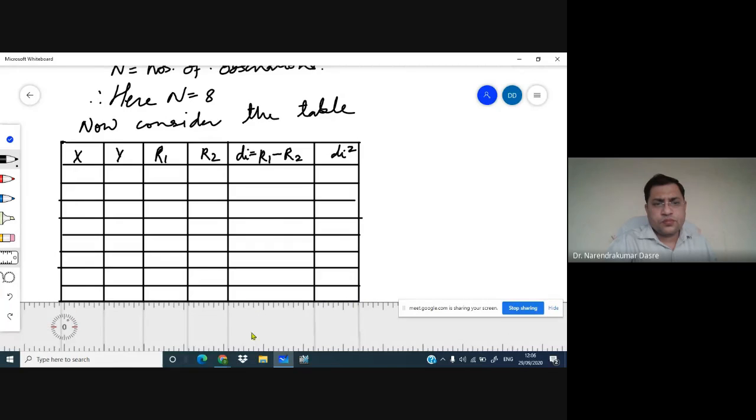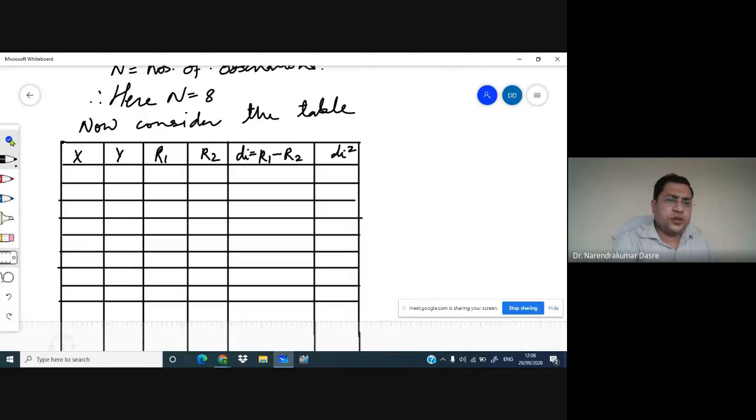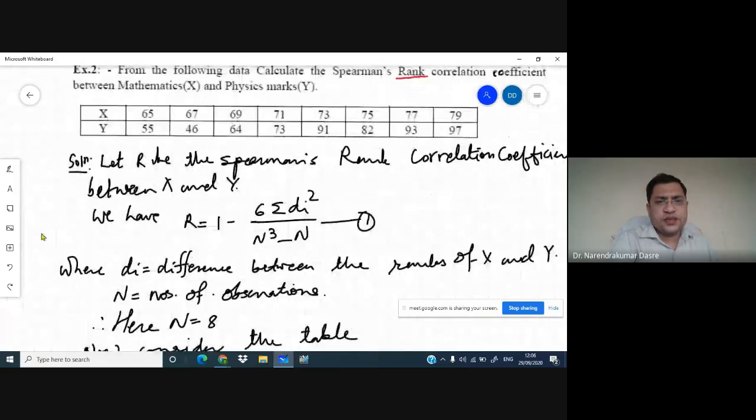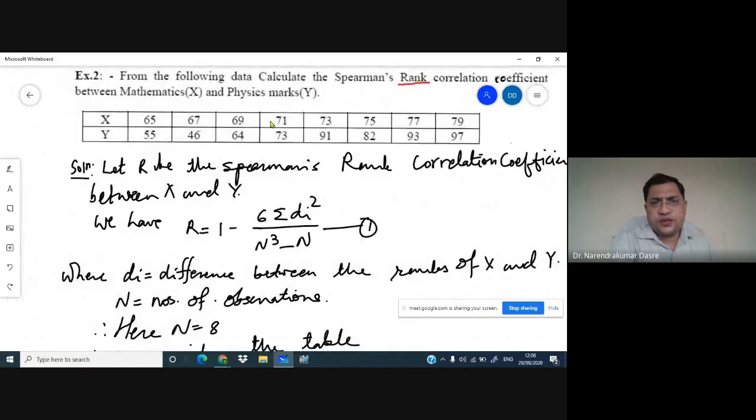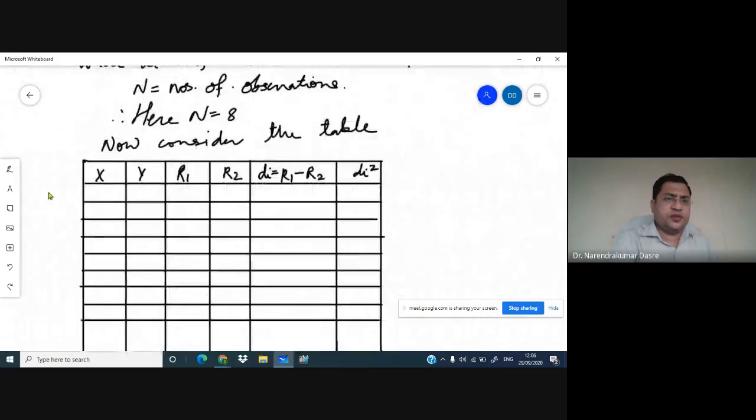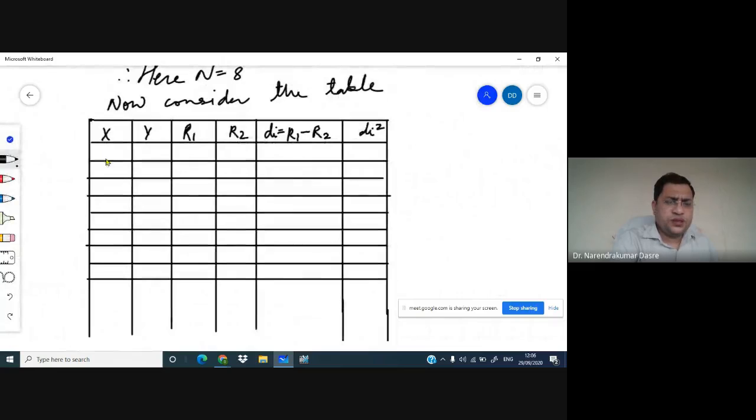So we start with X: 65, 67, 69, 71, 73, 75, 77, and 79. Okay, so let us write these observations. So we have 65, 67, 69, 71, 73, 75, 77, and 79.